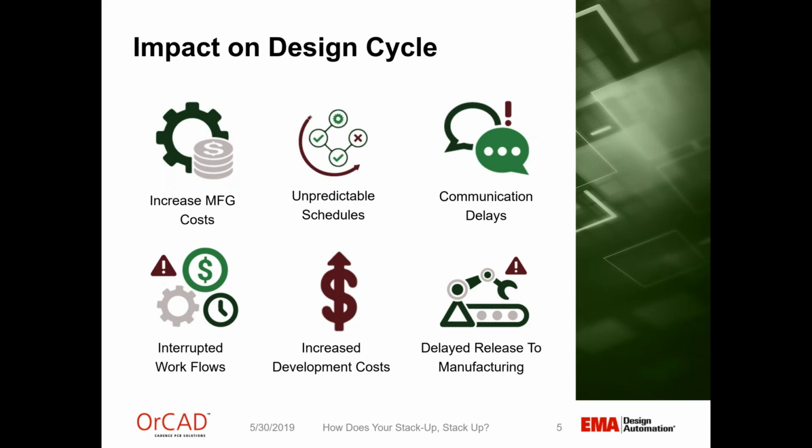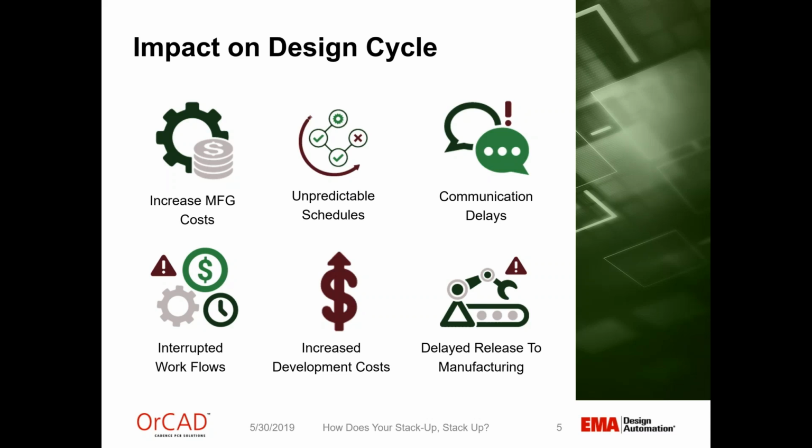So that's what we're going to talk about today. First off, the impact on your design cycle of your stack up. You want to make sure you pick a good stack up, and stack up really is a fine balance of cost versus functionality. You want to keep your costs down and get the functionality that you need. As you constantly are shrinking your board, you're running out of space, you have to think vertical and start putting more layers in there, but that comes with consequences. And we want to learn a little bit about what those consequences are and how we can make sure to minimize their impact.